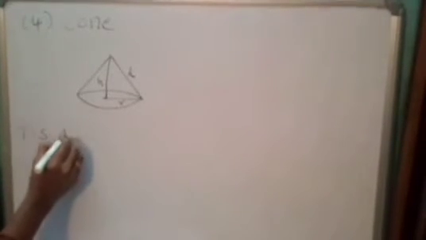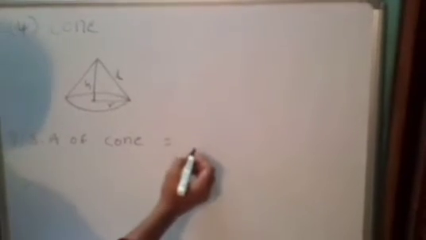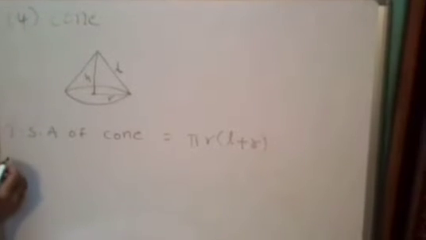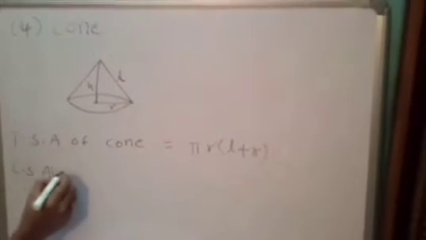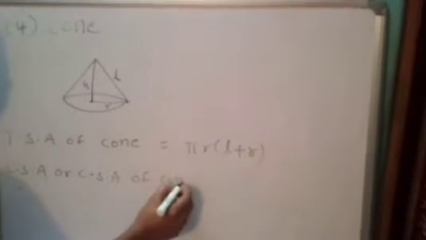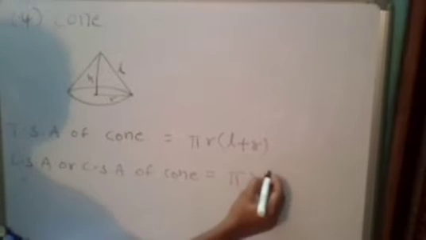Total surface area of cone equals pi r into (L + r). Lateral surface area or curved surface area of cone equals pi r L.